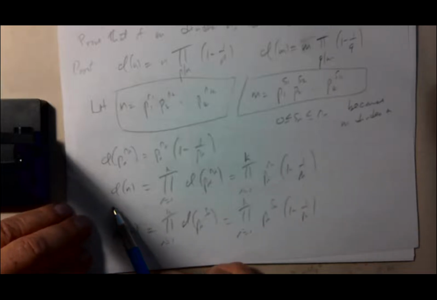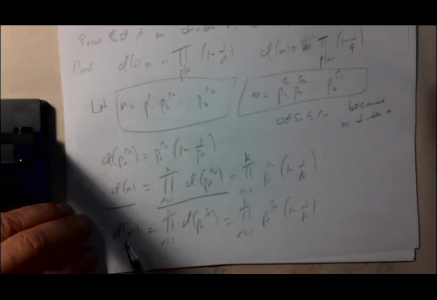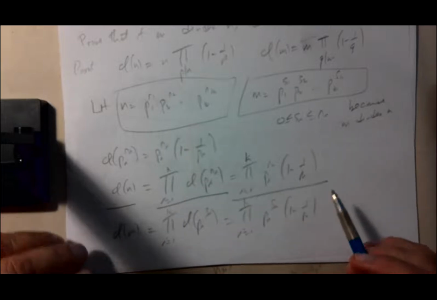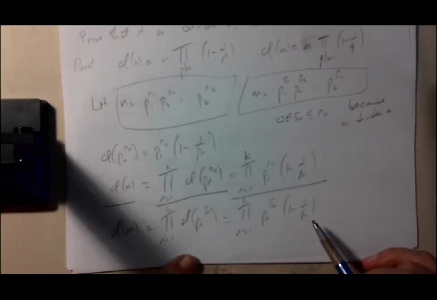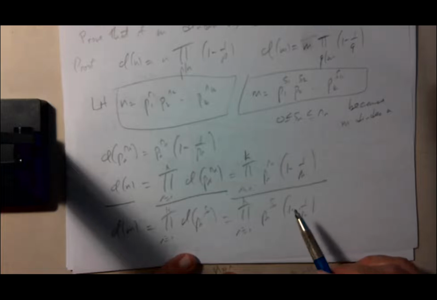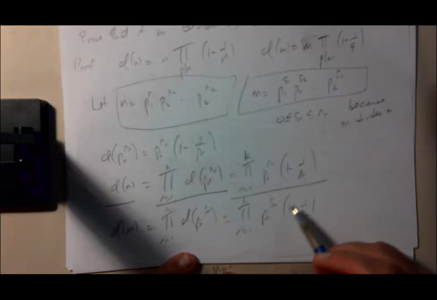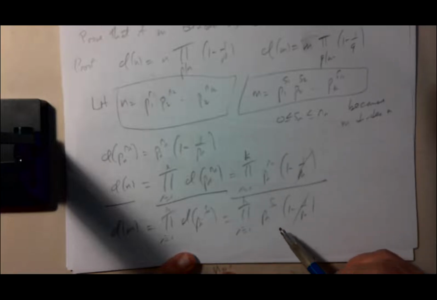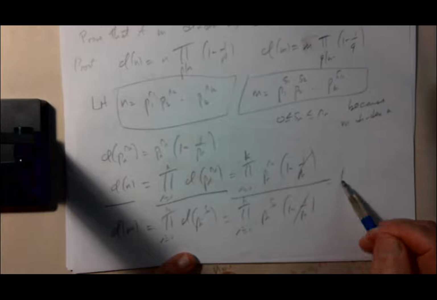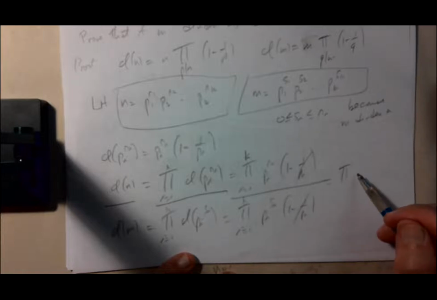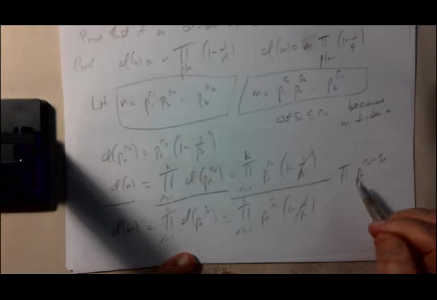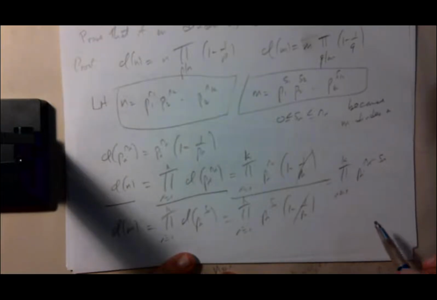So if you divide phi of n by phi of m, what happens? For all the s sub i's which are positive, these cancel, and this is a product of just p sub i to the r sub i minus s sub i, i goes from 1 to k.